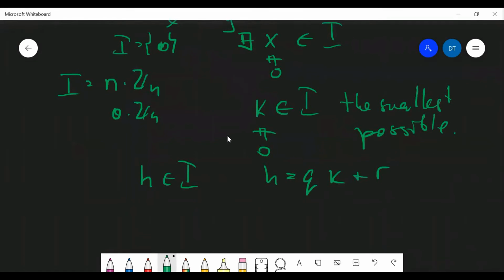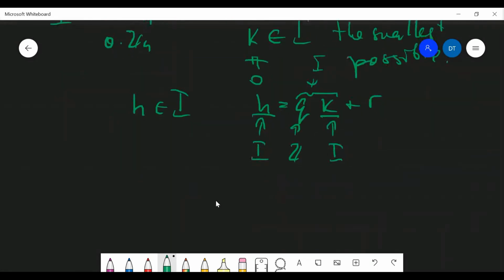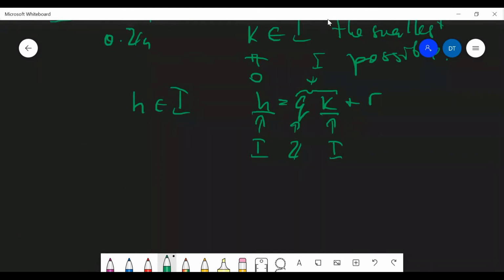Now we may consider this as follows. This element is an element of I. This is also an element of I. And this is an element of your ring Z. If you multiply an arbitrary element of the ring Z with an element of an ideal, then the result stays inside the ideal. And then if you subtract qk from h, the result also must be inside the ideal because I is a subgroup with respect to addition. So this simply means that the element r is also inside the ideal.